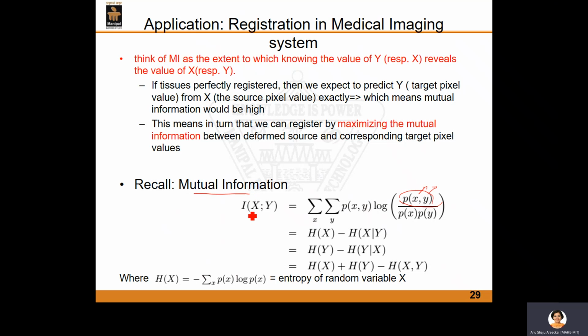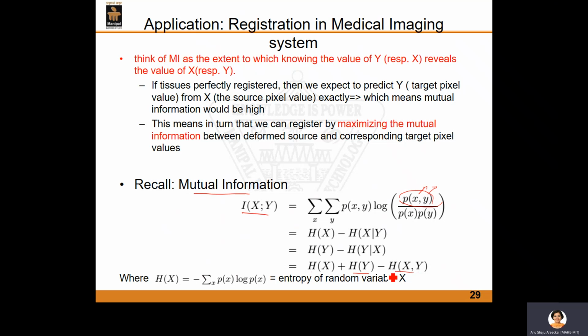And this is a denotation for the mutual information. This same mutual information can also be expressed in terms of the entropy. That means I add the entropy of image x to the entropy of image y, and from that I subtract the joint entropy of the images x and y. That gives me the mutual information.